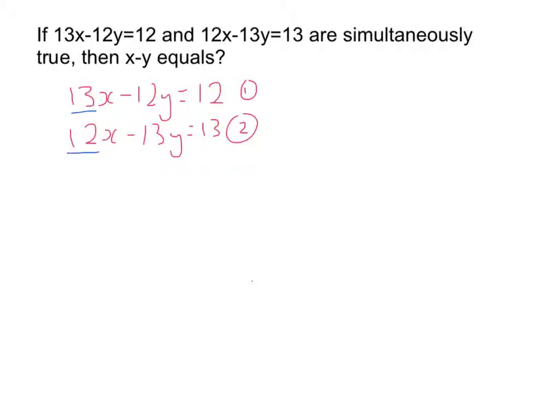So for equation 1, I'll need to multiply that by 12. And for equation 2, I'll multiply that one by 13, which will bring these across to become 13 times 12 is 156. 156x take away 144y will be equal to 144.